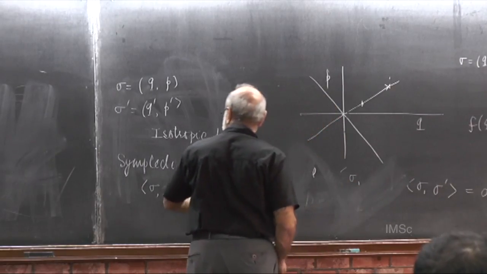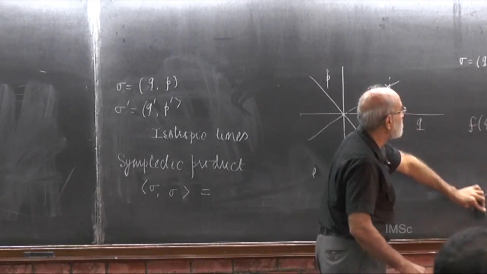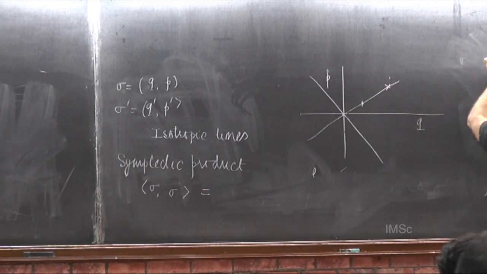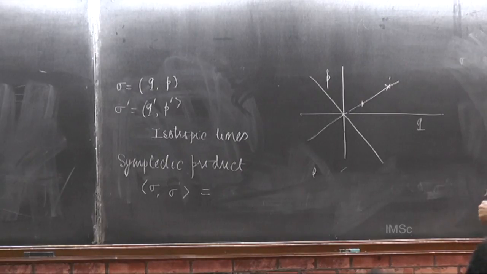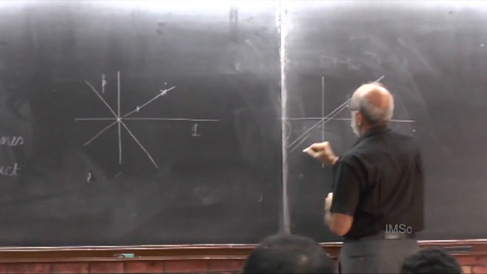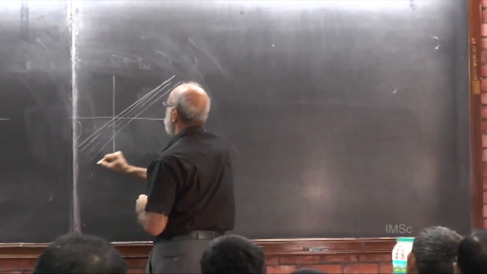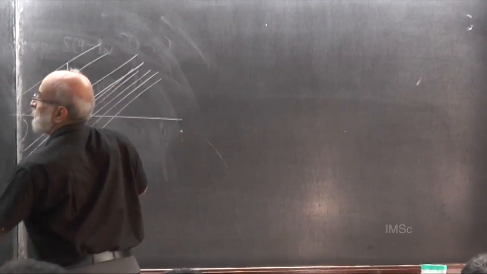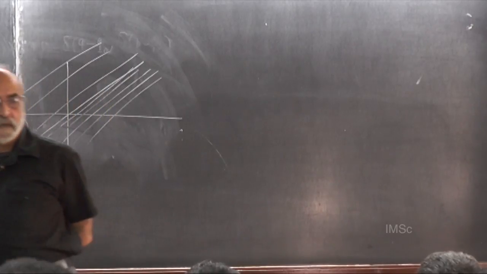Now, once we have this notion of a symplectic product and lines through the origin, you can ignore the word isotropic if you don't like it. There are two things which come along with it. So I take some line through the origin. This line gives rise to a continuous family of lines parallel to it.